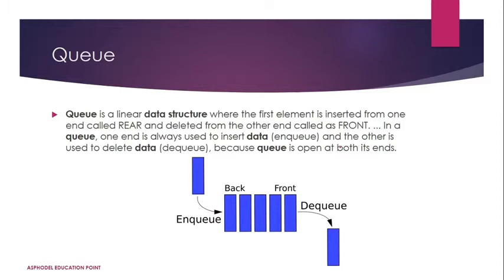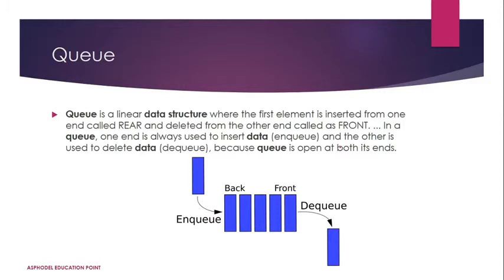The other major difference is that when an element is removed from a queue, it is always removed from the front of the queue, and whenever an element is added into the queue, it must be added at the back or the rear side of the queue.